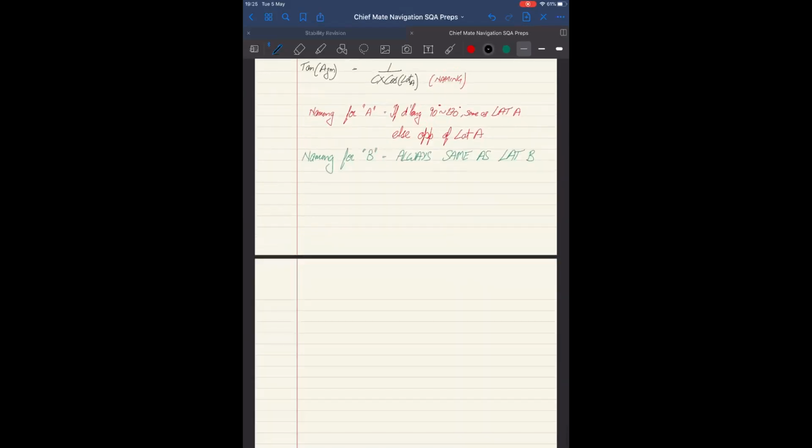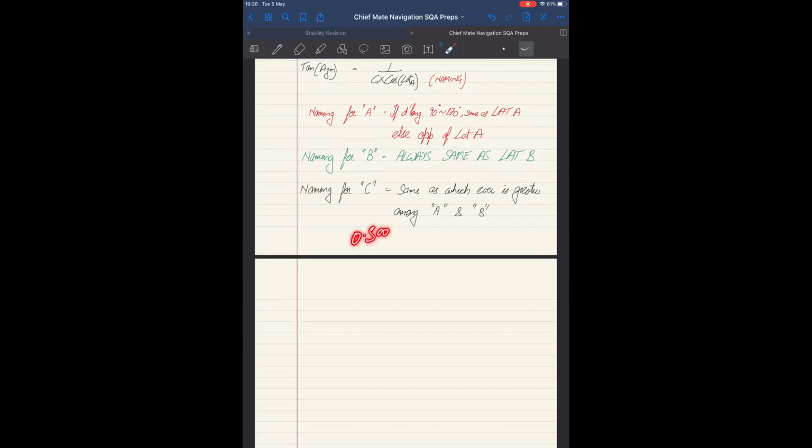And let's look at naming for C. Naming for C is same as whichever is greater among A and B. So if I have a numerical value for A as 0.500 north and a numerical value of B as 0.300 south, the bigger numerical value among A and B is for A, which is 0.500.